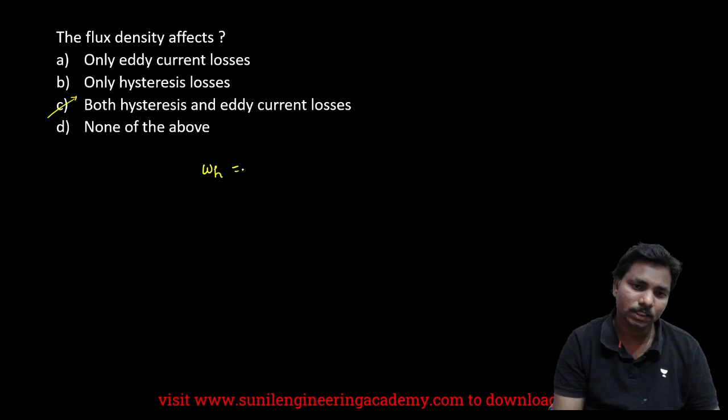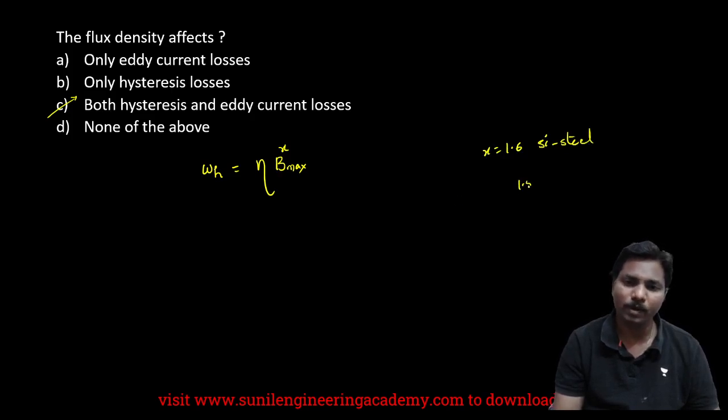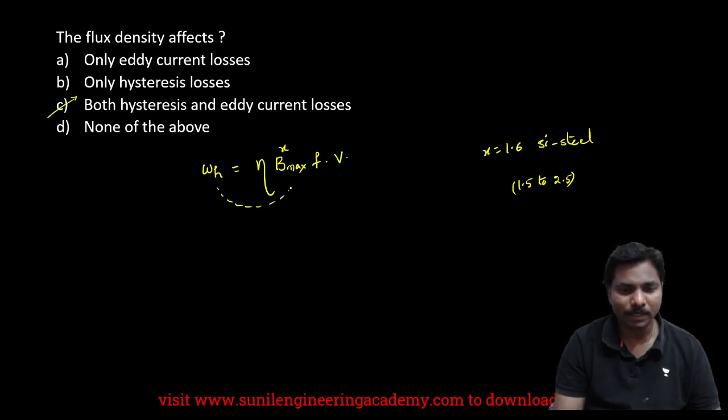Hysteresis loss is equal to eta B max power x times f times volume, where x is 1.6 for silicon steel, and it may vary from 1.5 to 2.5 in general. So hysteresis losses depend upon flux density, frequency and also volume.